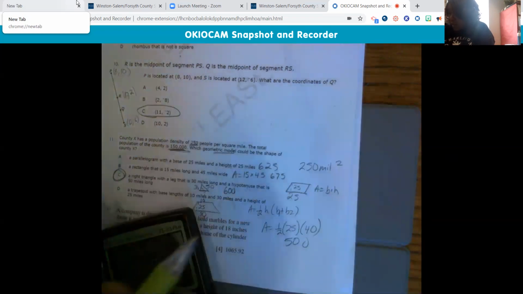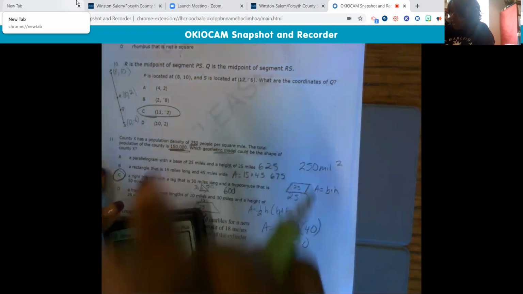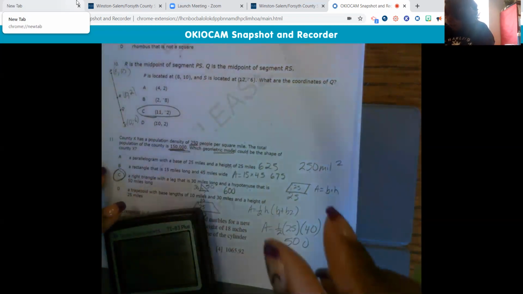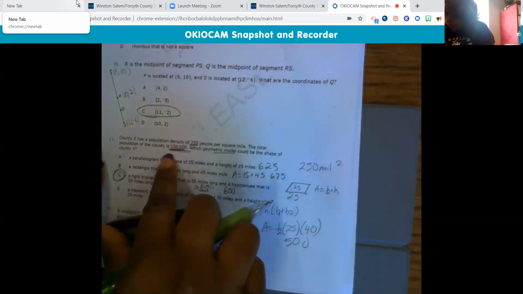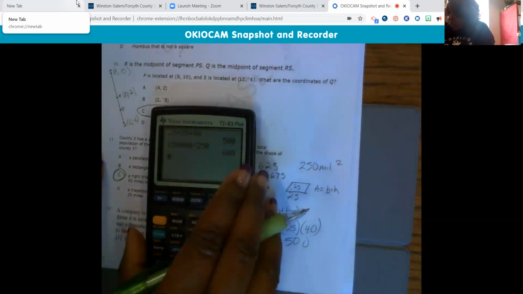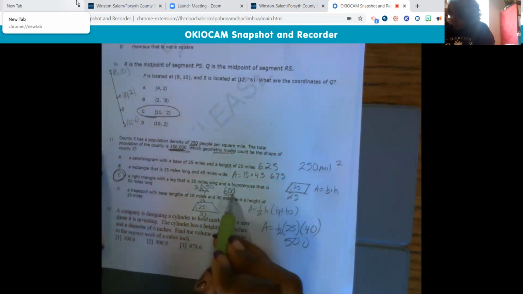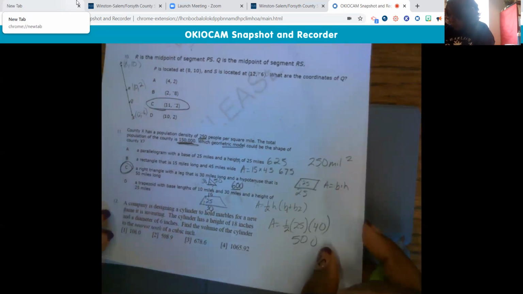So we're going to divide to see how many square miles there are, if this many people fit in each square mile. And this is the total number of people. So that's why I divided it and I got 600 square miles. Okay, so this is the answer here, which is C.